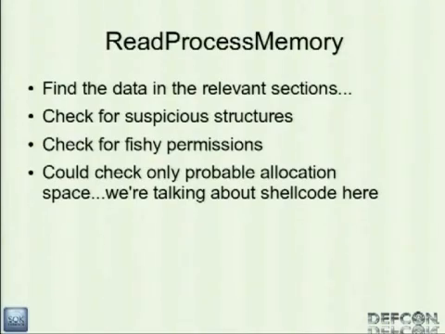If we wanted to validate the entire PE header and possibly additional structures within the DLL, then we could check the probable allocation space only and go, if we request memory be allocated and it's probably going to be in this location, then we can only check a certain number of allocations previous to that, or a certain number of pages previous to that.